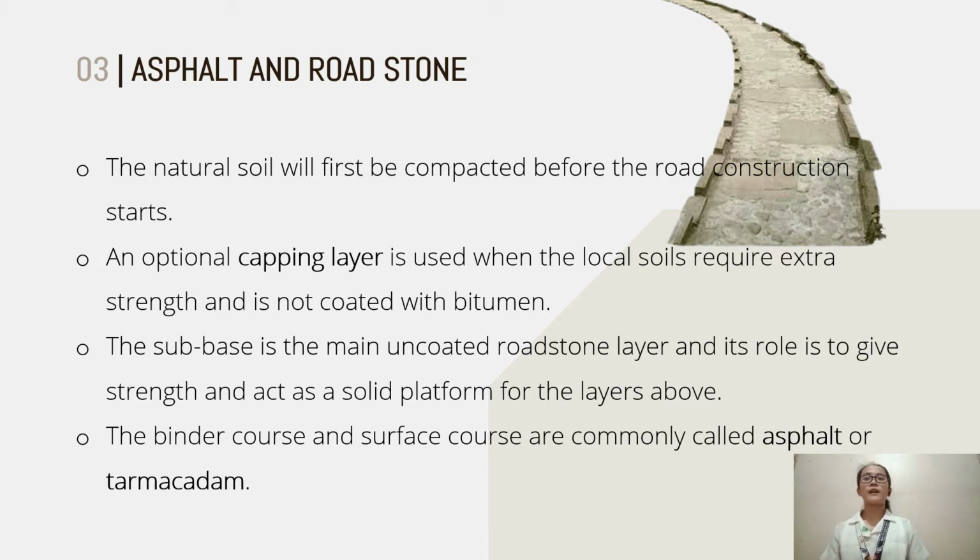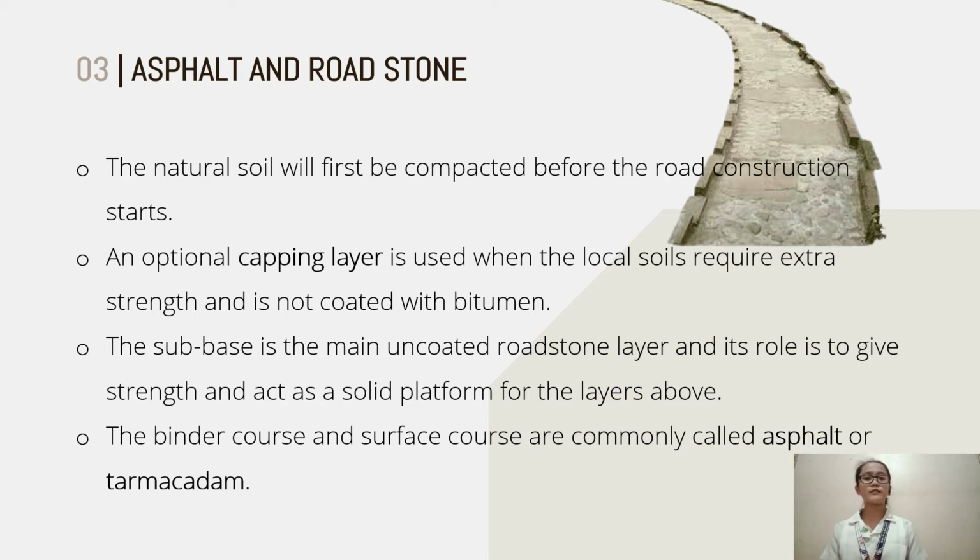We also have our binder course and surface course, commonly called asphalt or tarmacadam, but we will be talking about it later on. And they consist of coarse aggregates with particle sizes typically between 2 mm up to 28 mm, and fine aggregates which are obviously lesser in size than 2 mm.